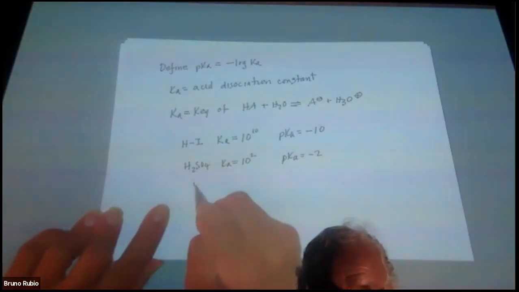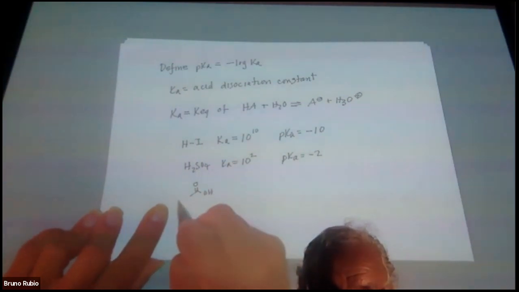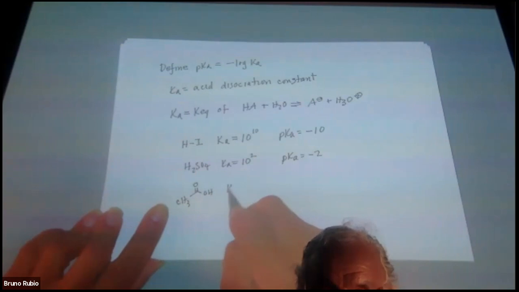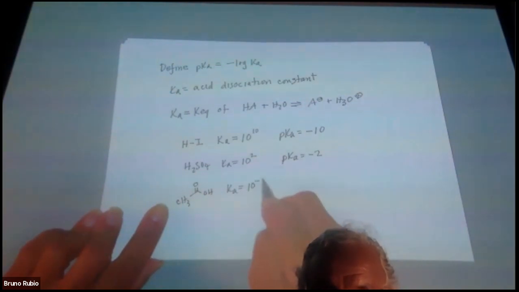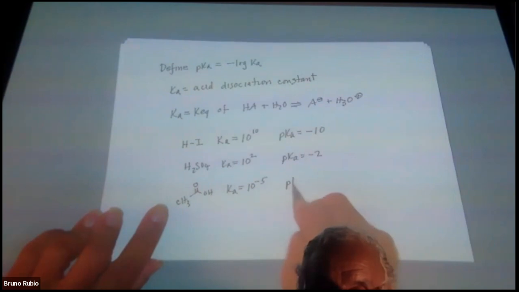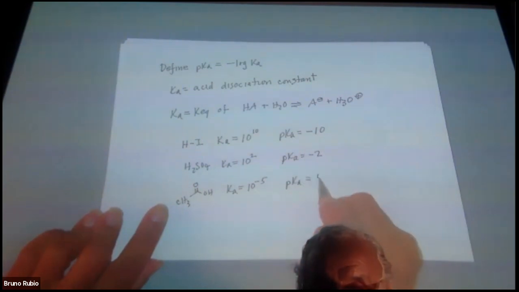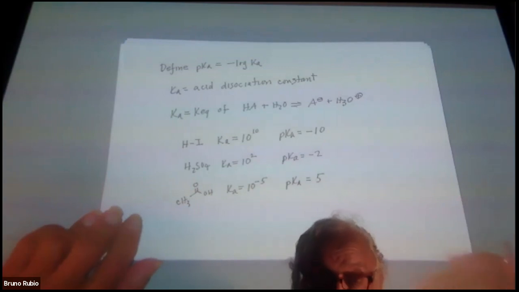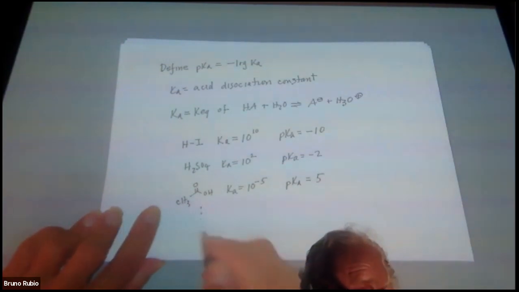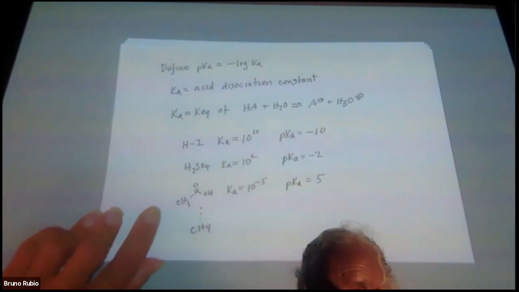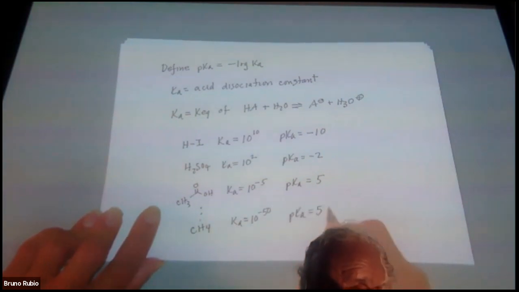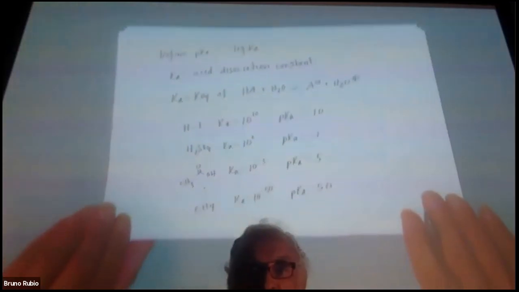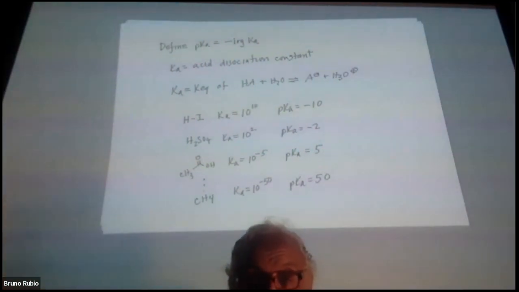When we get to an organic compound such as acetic acid, its Ka is, as we said before, 10 to the minus 5. So its pKa is equal to 5. It's now a positive number. And we can continue down that table that I gave you. When we get to methane, its Ka is 10 to the minus 50. Its pKa is 50. So this is the relationship between the Ka and the pKa.